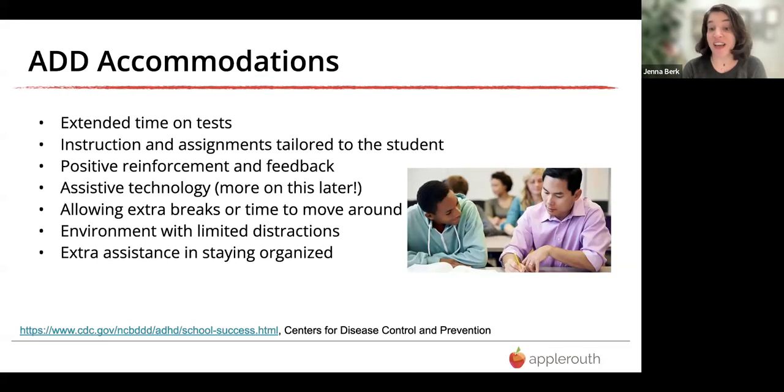So even just getting extra breaks can be hugely helpful, allow you to go outside, do a couple jumping jacks, come back in and be ready to focus. Or an environment with limited distractions, realizing like I need to be in the front row, so the teacher is right in front of me and my friends are all behind me. I just cannot be in the middle of the group. Or extra assistance with staying organized can also be very helpful.